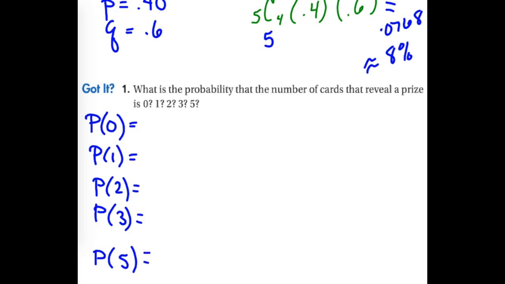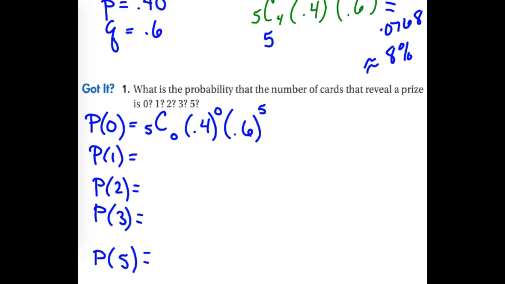So going through our formula, we need NCX, right? So how many cards were there? 5. In this first one, we want no successes. Okay? So the probability of success was 0.4, and I want none of those. And then the probability of failure was 0.6, and I need how many of those? I need 5 of those, right?